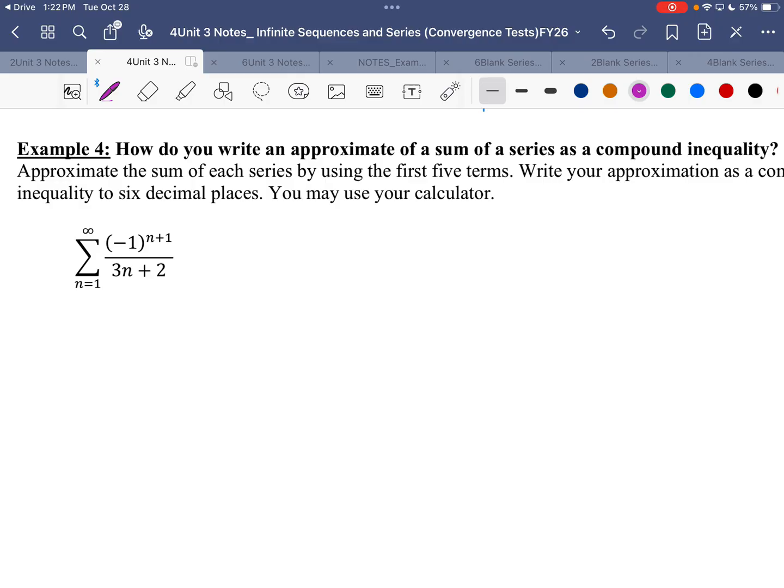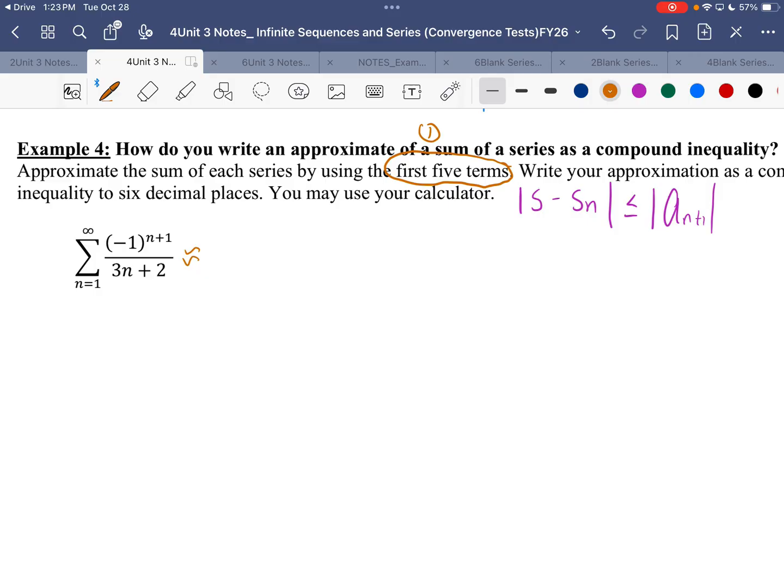So this one's using S minus Sn, less than or equal to the a(n+1) part. The first part is we're expanding out the first 5 terms. This is going to give us our Sn.